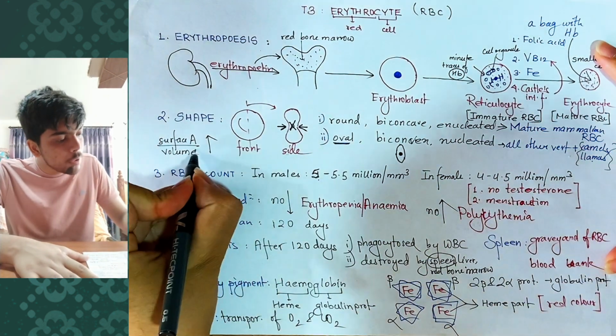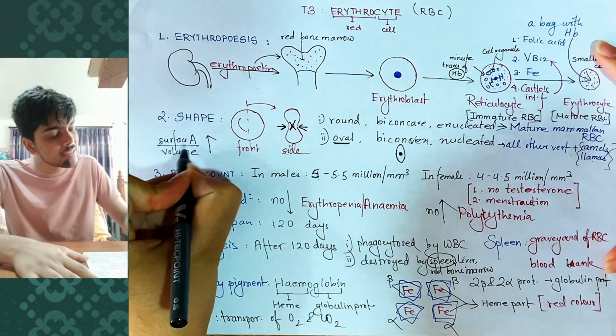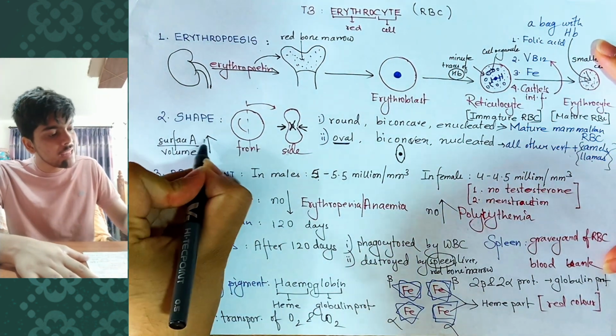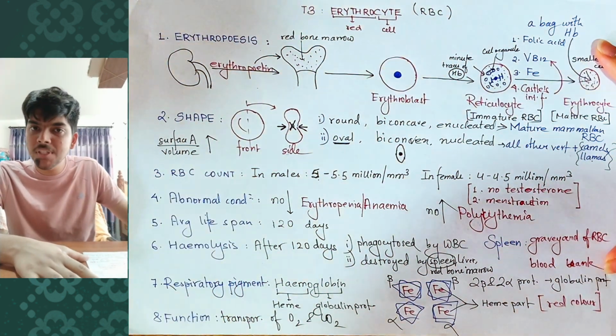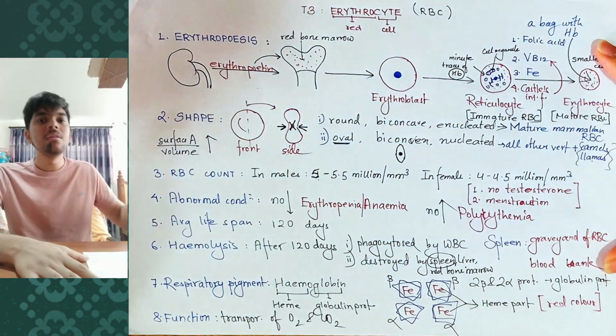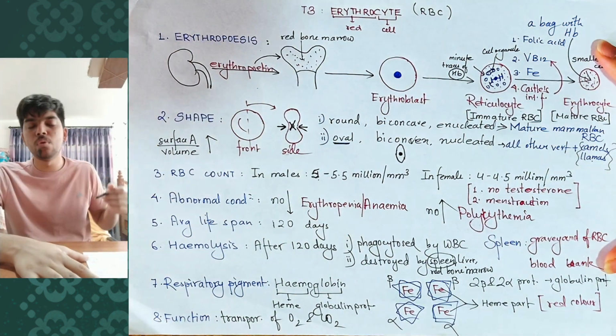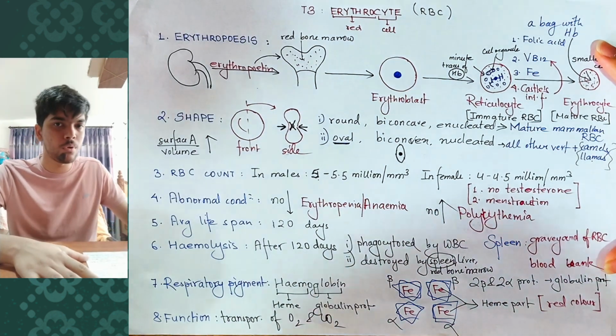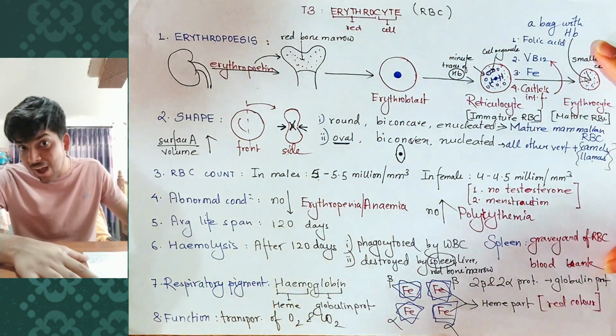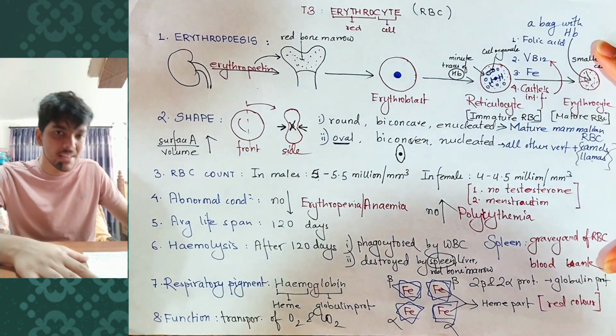So for the same volume, surface area is high. That is, surface area to volume ratio is high. That is, the respiratory efficiency is high. That is, on the surface there is more and more hemoglobin. That is, more and more oxygen can get combined with hemoglobin. And that is why respiratory efficiency is high.